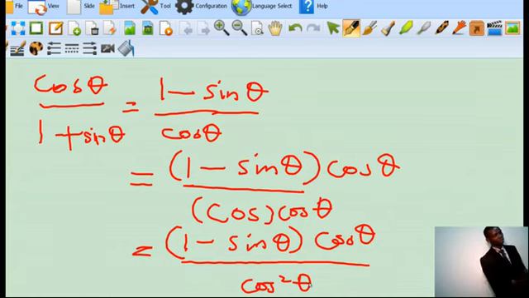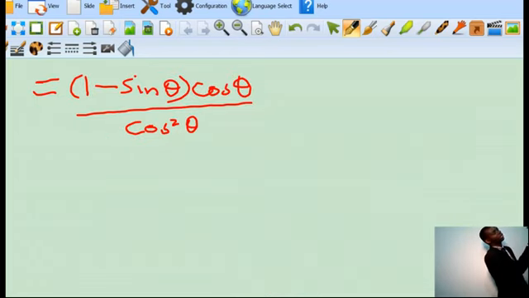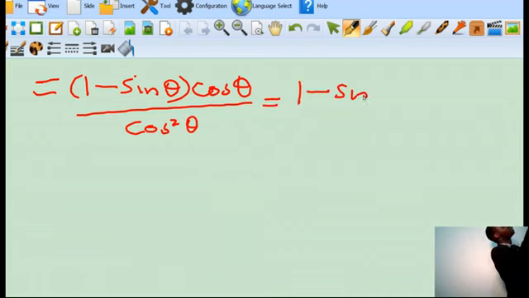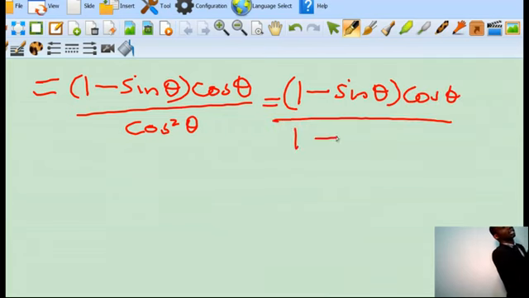So you substitute for cos square theta, and you have another expression: 1 minus sin theta into bracket cos theta all over 1 minus sin square theta.